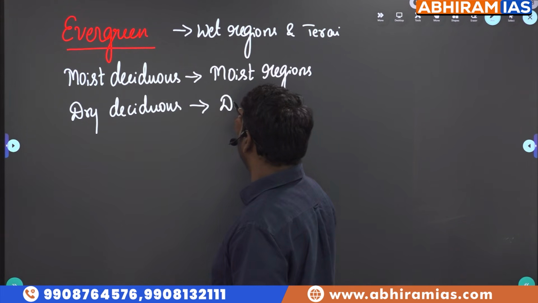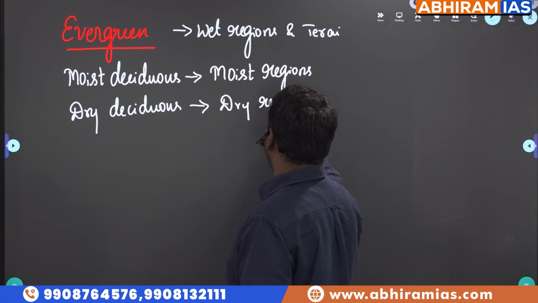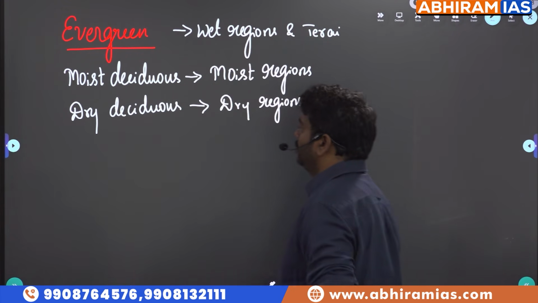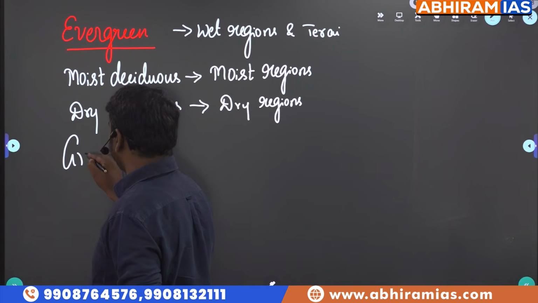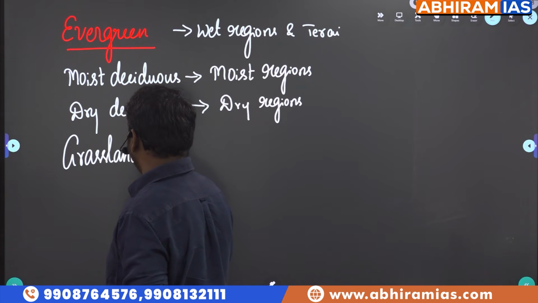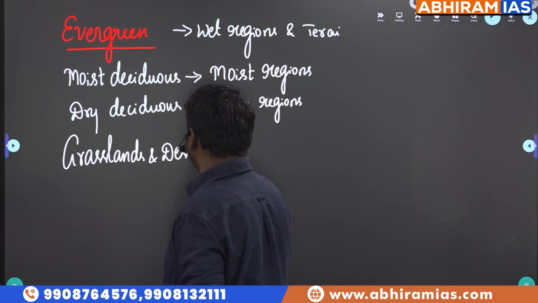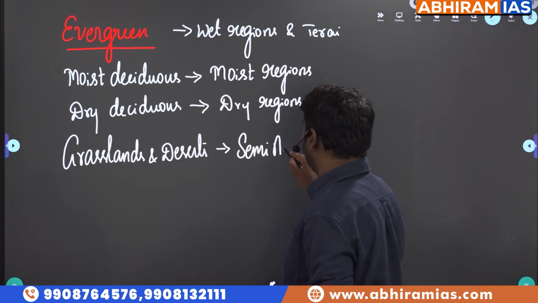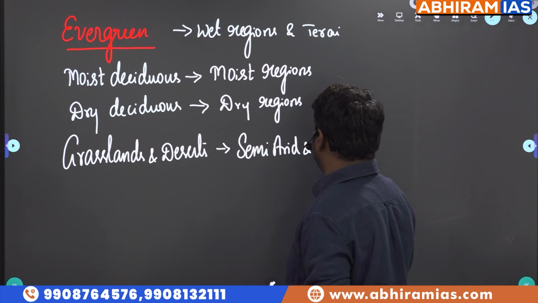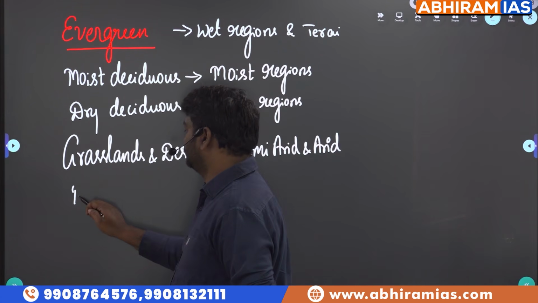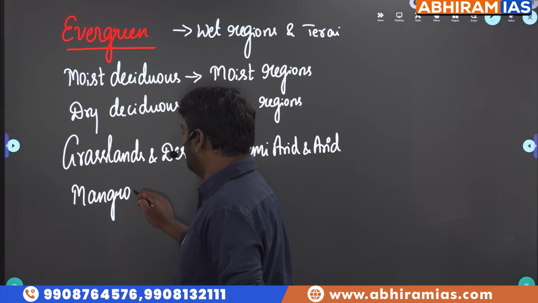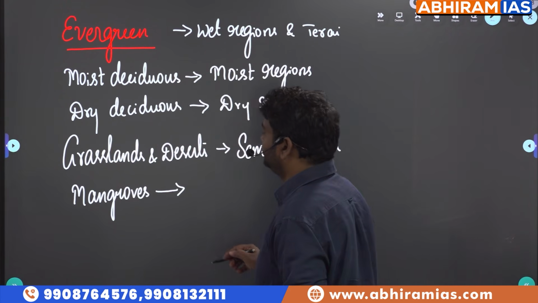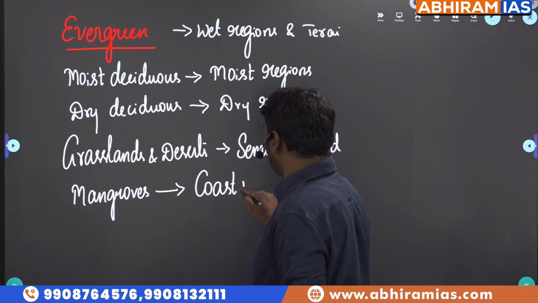Dry deciduous: dry regions. Grasslands and deserts: semi-arid and arid. Mangroves: coastal states.